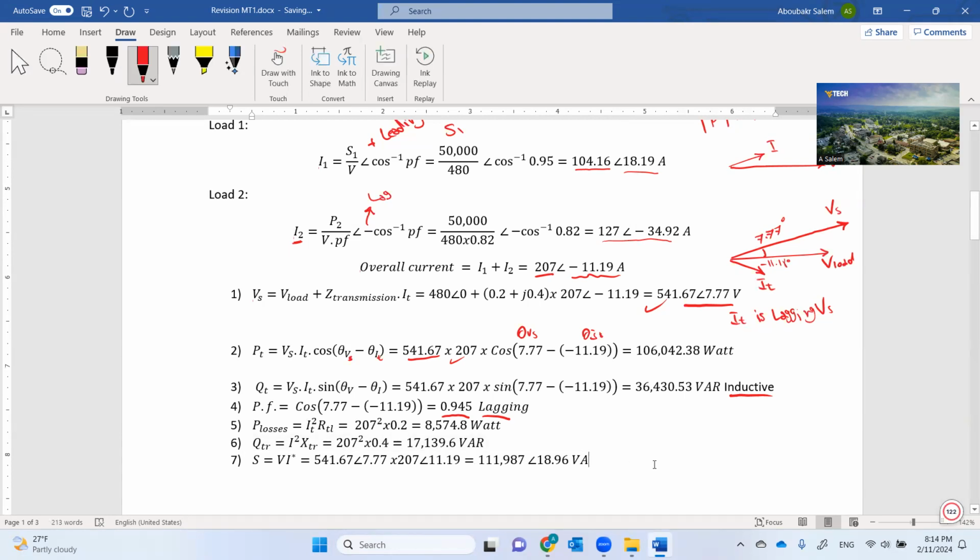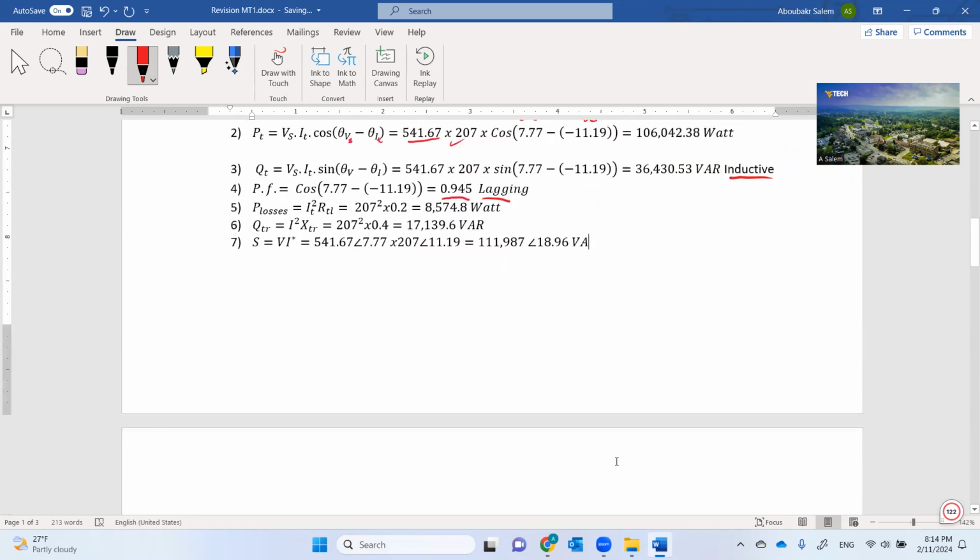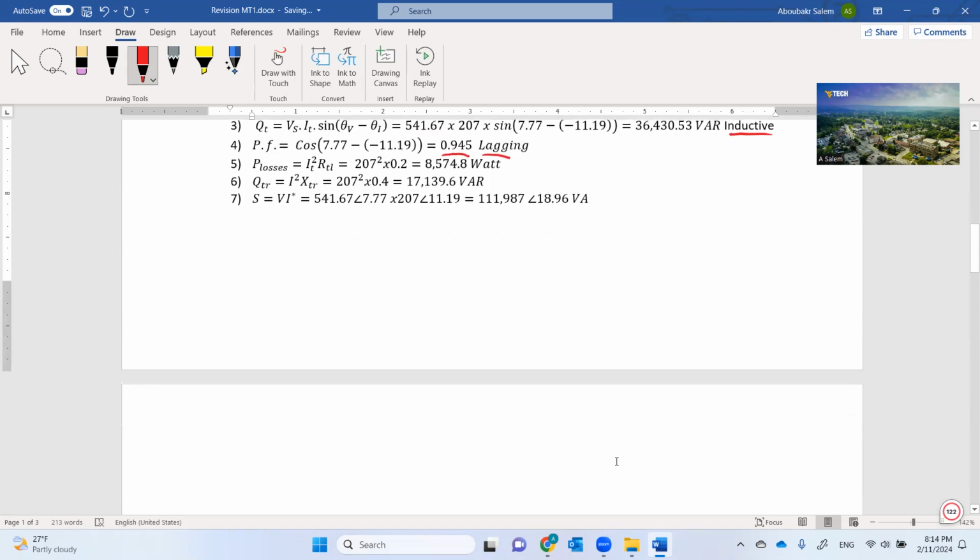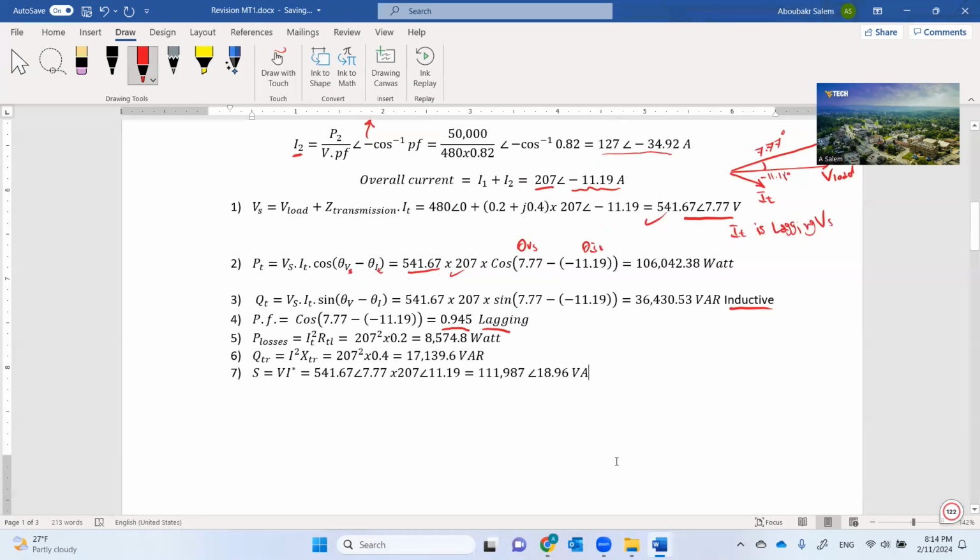Hey guys, so this is a way. We can calculate it in many different ways, but I don't like to make it harder for you. For sure, you have the active power, you have the power factor. So you can calculate S as P total divided by power factor.